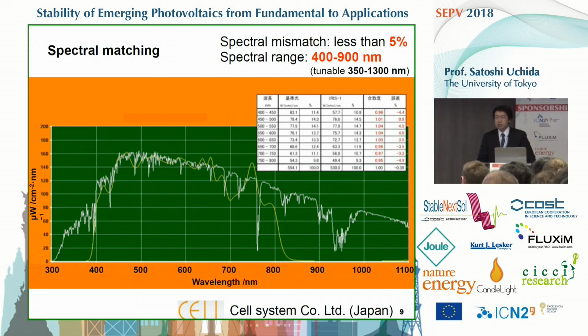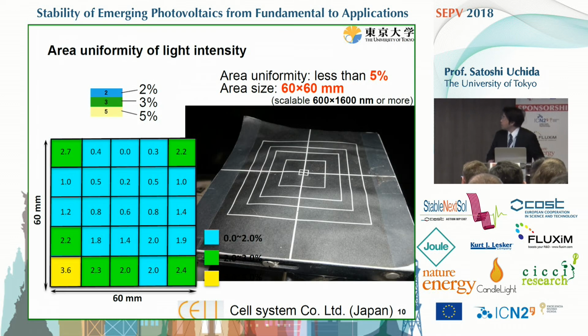Within 5% accuracy means it is comparable to a two-light-source solar simulator, I think one of the highest levels. The area uniformity is also nice. In the center part especially, the intensity is within 2% error. Very, very accurate.